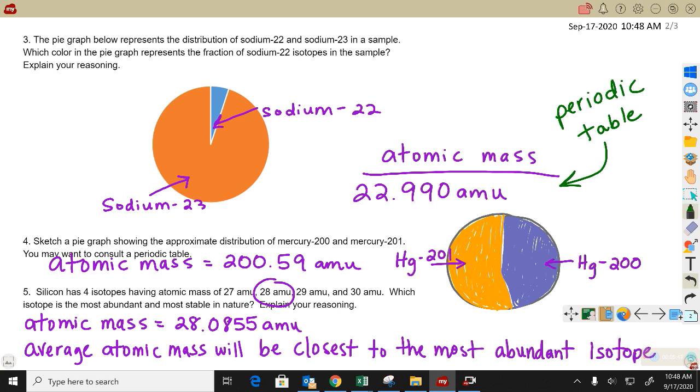Kind of along the same lines, in number 4, I'm supposed to sketch a pie graph showing the approximate distribution of mercury-200 and mercury-201. You may want to consult a periodic table, which again I did. I looked at the periodic table to find the weighted average mass to be about 200.59.